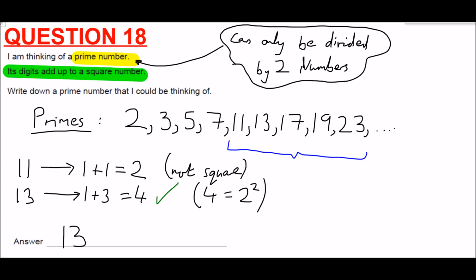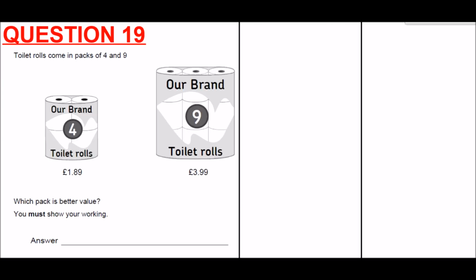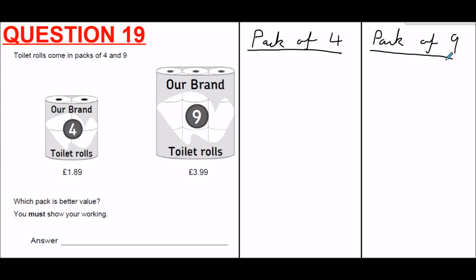So moving on, we've got toilet rolls, which come in packs of 4 and 9. So what I'm going to do here is just section off a page into thinking of the pack of 4, and over here the pack of 9. We're asked about which is best value.